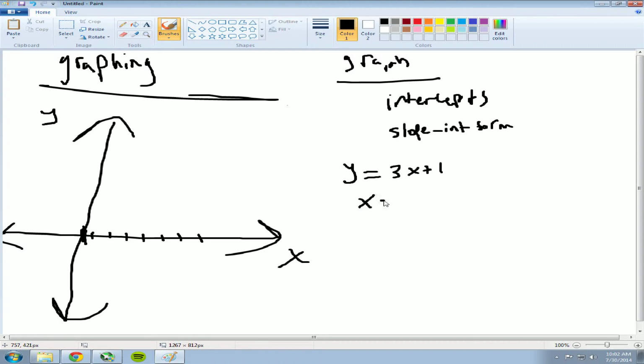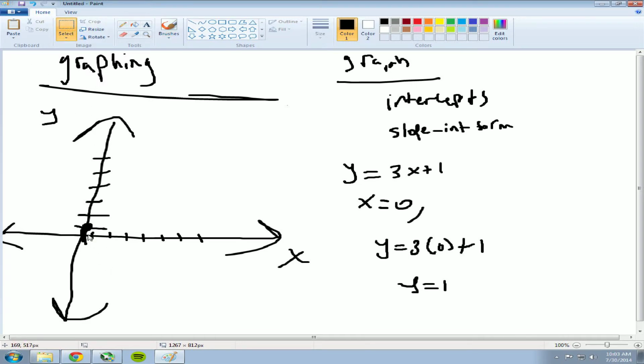So when we say x is 0, we plug this in and we get y equals 3 times 0 plus 1, so y equals 1. So when x is 0, y is 1 right here. If I do it like this, y is 1, x is 0, this is the point.